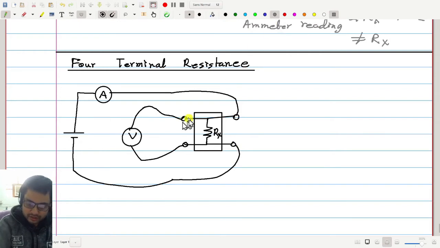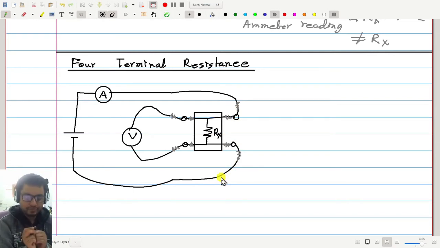They will contribute some small resistance here, here, here, here. And these resistances are again not constant. Every time you do the experiment, every time you connect it, they will vary. So these are unpredictable resistances.